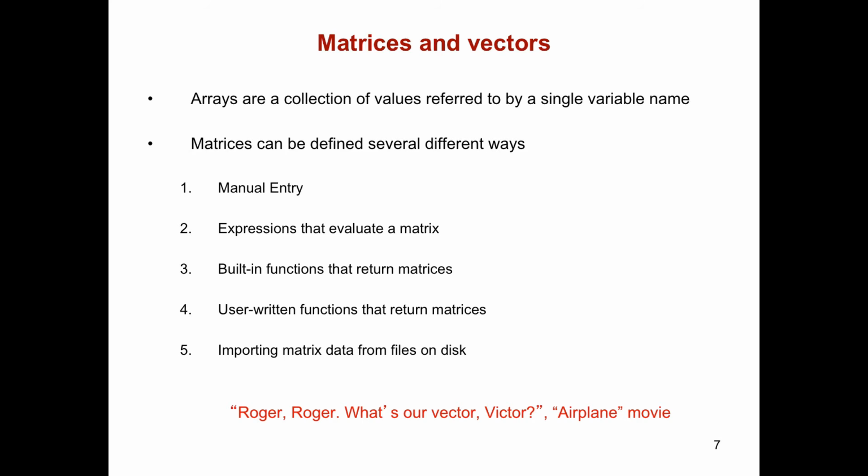And basically there's this, so how do I define a matrix? I can type it in, I showed you how to type in a matrix, basically row by row, and you delineate rows by semicolon. Okay. There's a lot of matrices you simply don't want to type in. So we will learn how to actually evaluate a matrix based on some function, if we want to. And there are some certain built-in functions that also return certain numbers.